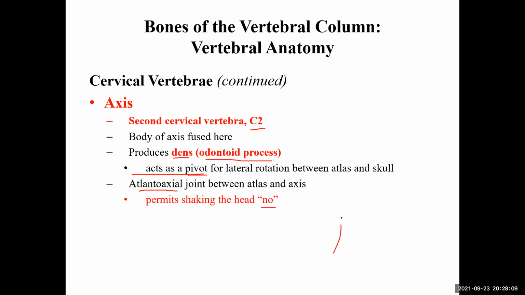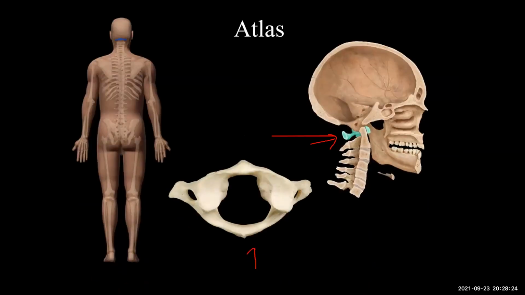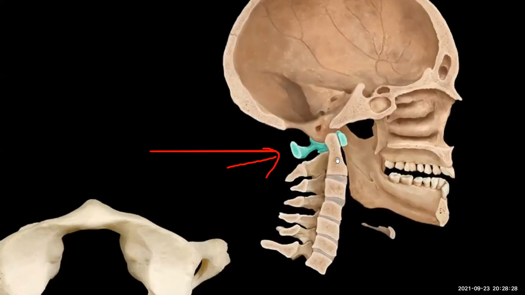Okay, so it looks kind of like this. So here's the dens, projects upwards, and then the atlas would be around it like that. There's a better picture, actually. I could show you right here. Yeah, so here's C2, okay? Here's the body of C2. Here's the dens or the odontoid process.